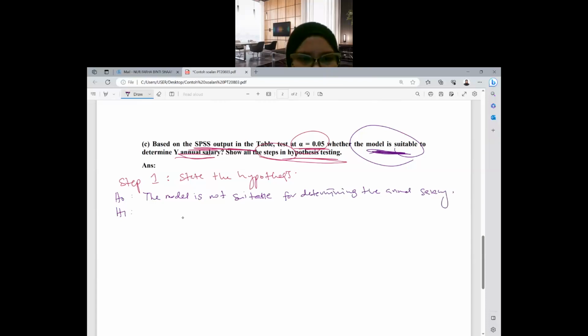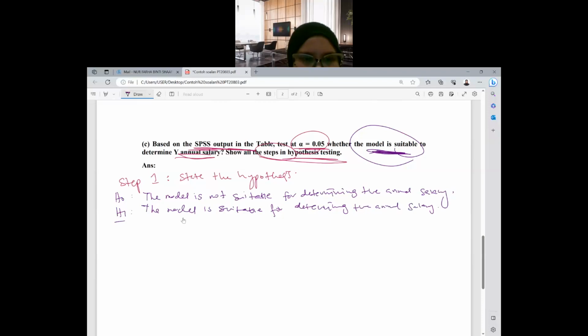The second one is the alternative hypothesis: the model is suitable for determining the annual salary. So this is your alternative hypothesis. Done with the first step.